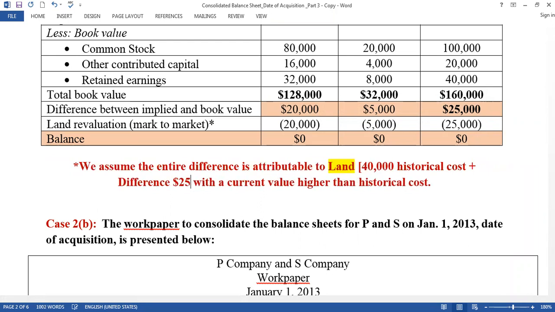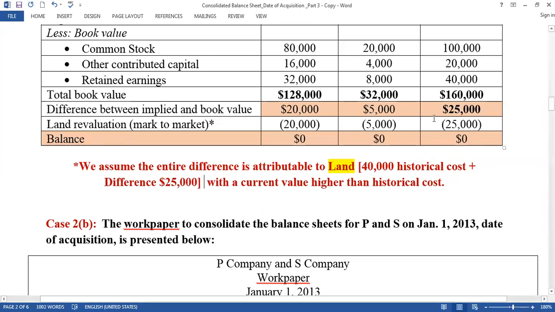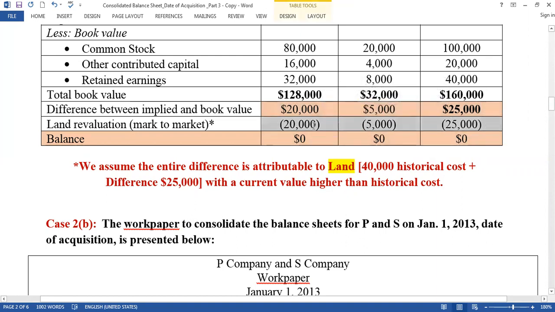Do you understand? First we calculate the difference, then we make it 0. After making it 0, we transfer it to the land account. So the historical cost of land $40,000 plus we add this difference.